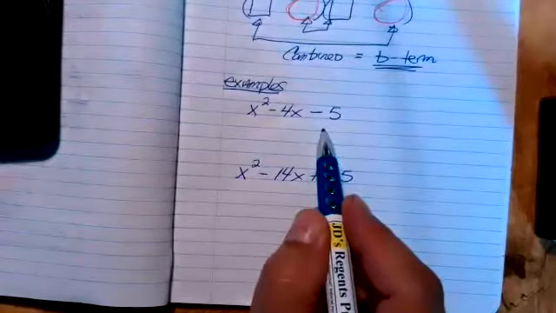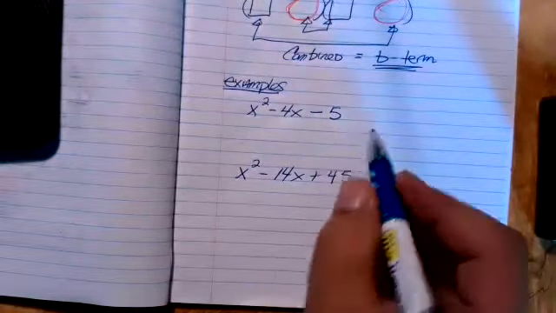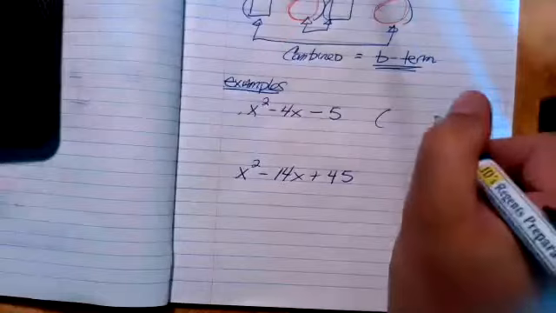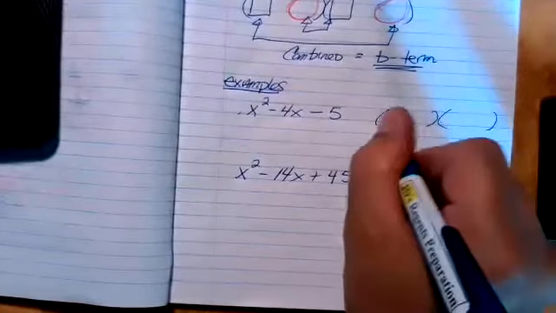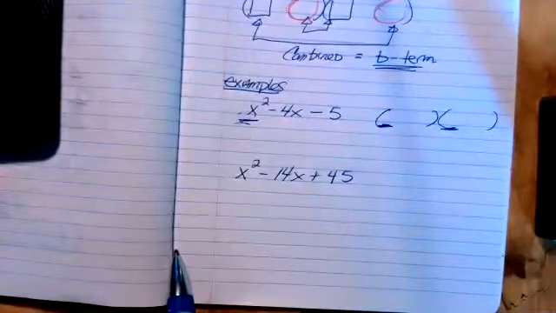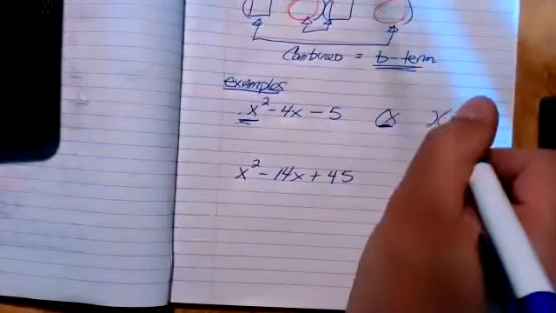There's no GCF. So I see that this is a trinomial with a leading coefficient of 1. So I want to make two sets of parentheses. What I put here and what I put here has to multiply to x squared. So I'm going to put x and x.